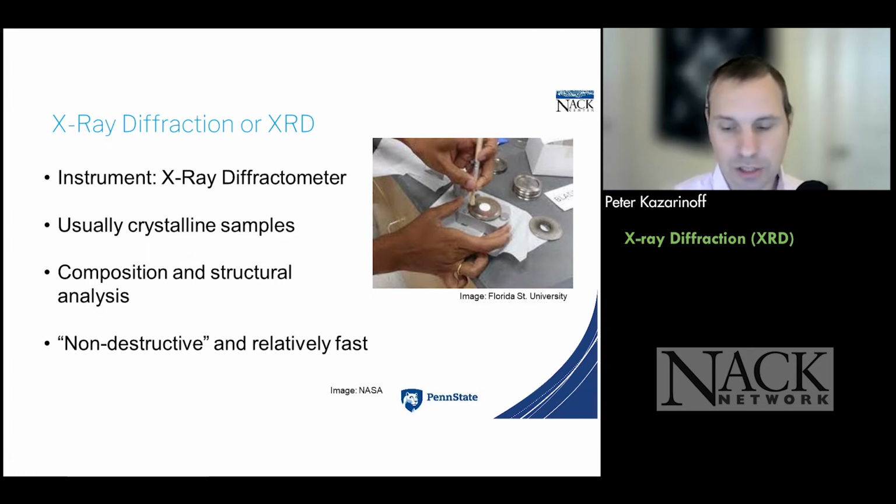I put non-destructive in quotes because often XRD is done on powdered samples, so you'd have to grind your sample in order to run it. But you can also do XRD on solid samples. Some samples, though, the X-ray radiation will introduce a change in the sample. So it's not completely non-destructive.